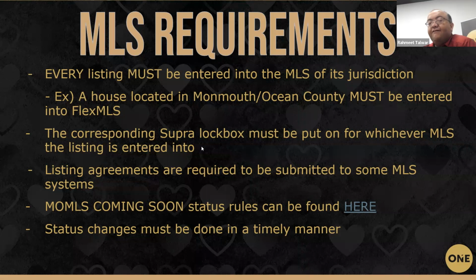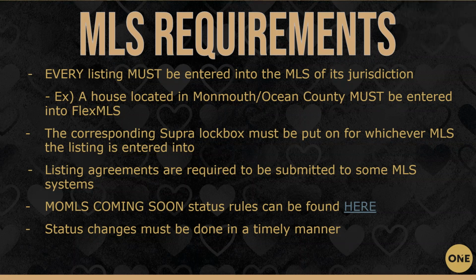Going along with that, if you put a listing into Middlesex, you should put the Middlesex lockbox or a combo. You cannot just put the Monmouth lockbox, and vice versa. Agents who are very on top of their game would complain. Some towns are on the border, like Monroe.